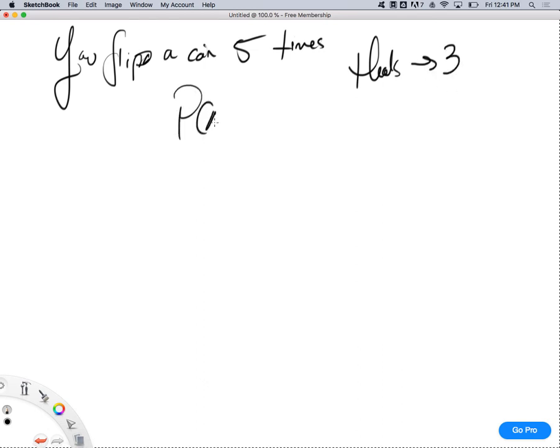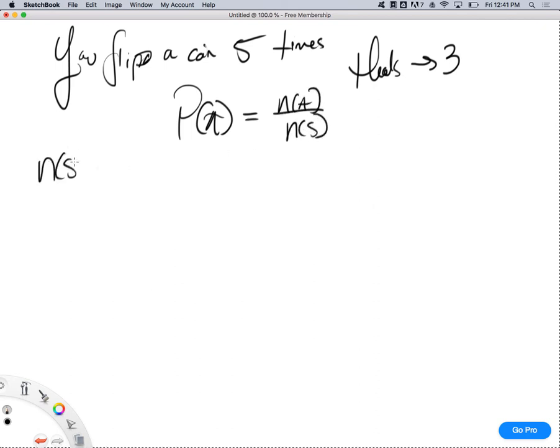So again, you start with P(A) equals N(A) over N(S). Then you determine N(S) and N(A). So N(S), you flip the coin 5 times. Yes? Very good. Good job. 2 to the 5th power. Okay, if you flip it 6 times, 2 to the 6th. 18 times, 2 to the 18. So 2 to the 5th equals 32.